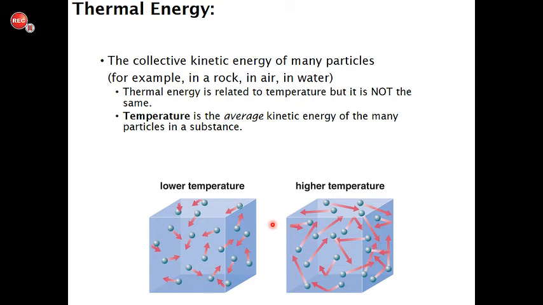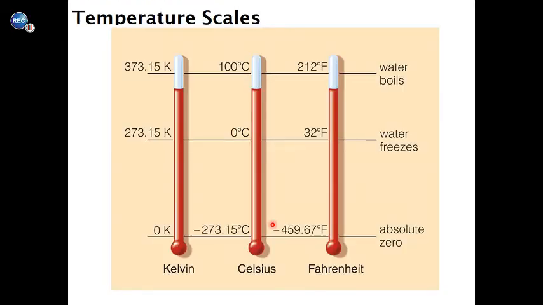You stick your hand in boiling water, there are lots of particles of water, and even though each one has less energy, there's a larger total. So thermal energy has to do with the total energy that an object has. The temperature is talking about the average energy per particle. So that's kind of important.